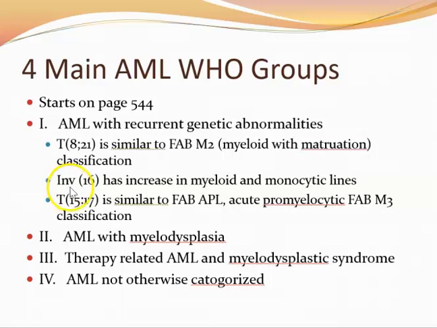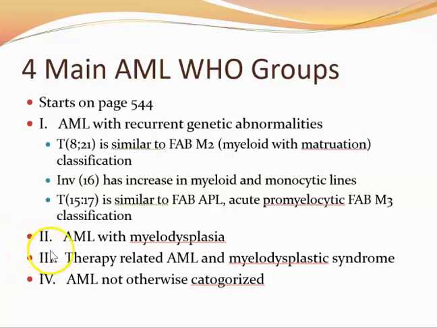This INV stands for inversion of 16, on the chromosome as well, and has an increase in myeloid and monocytic lines. And then you can have a translocation of 15 and 17, similar to the FAB classification of APL, or acute promyelocytic, FAB M3 classification.